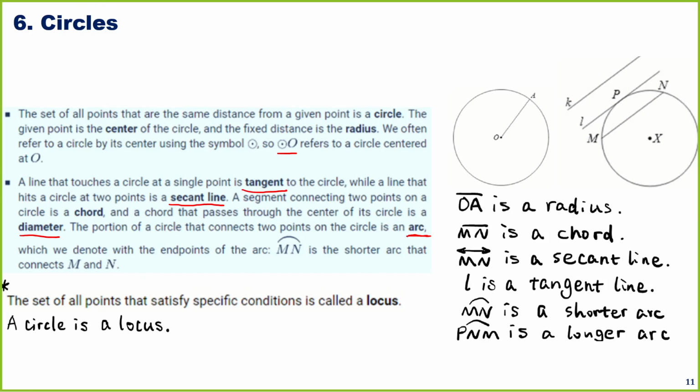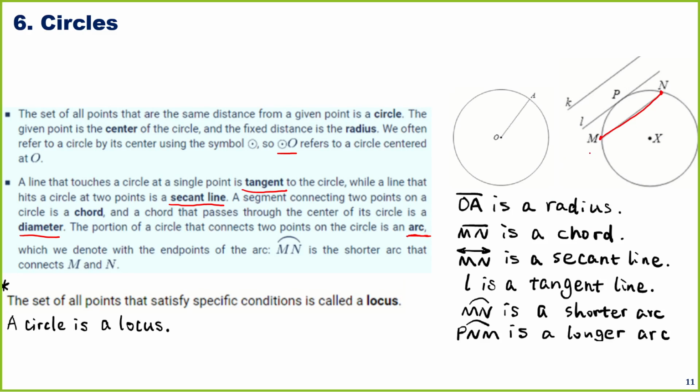And according to the definition we have just talked about, we know segment OA is a radius of the circle O, right? And segment MN, which is here, MN is called a chord in that circle.